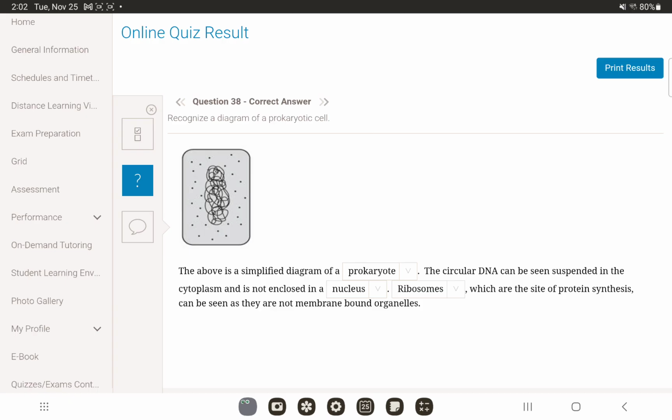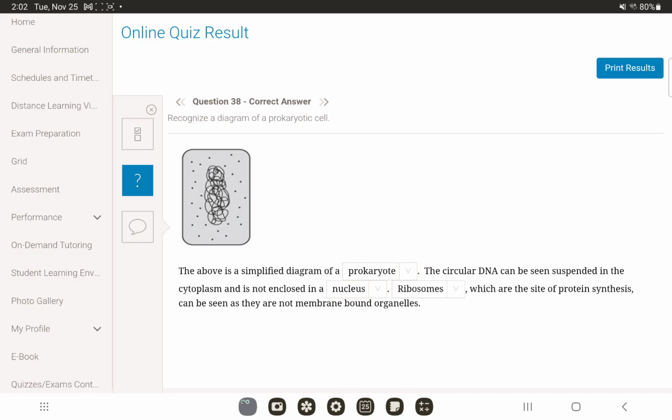So an example of a eukaryotic cell would be an animal cell, but an example of a prokaryotic cell would be a bacteria cell. So that might help you figure out what a prokaryotic cell has and doesn't have, and what a eukaryotic cell has and doesn't have.